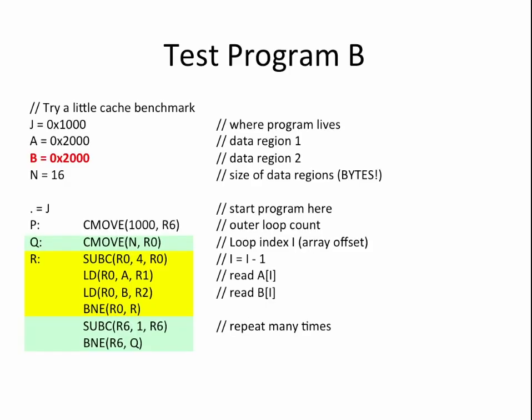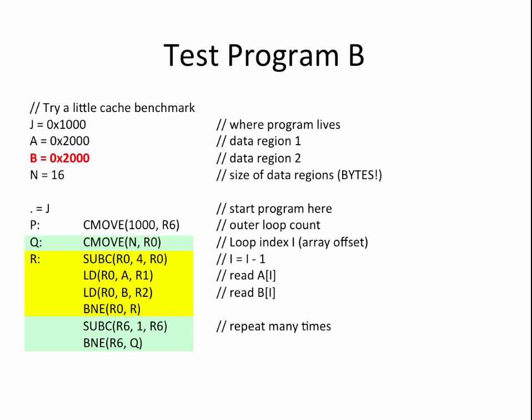Now, suppose that we make a minor modification to our test program by changing B from 0x3000 to 0x2000. This means that array A and array B now refer to the same locations in memory. We want to determine which of the caches' hit rates will show a noticeable improvement as a result of this change.